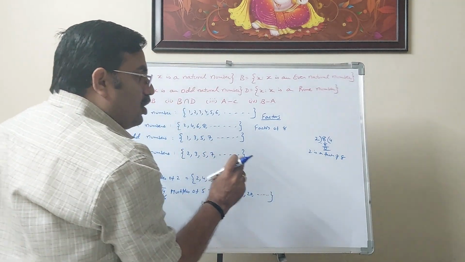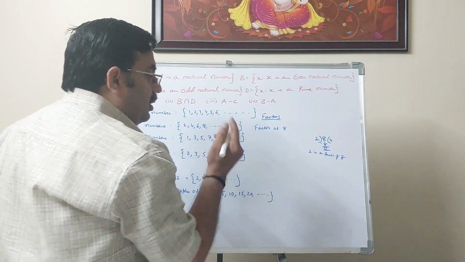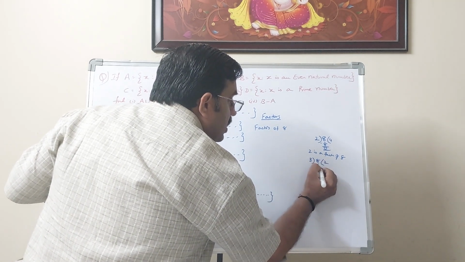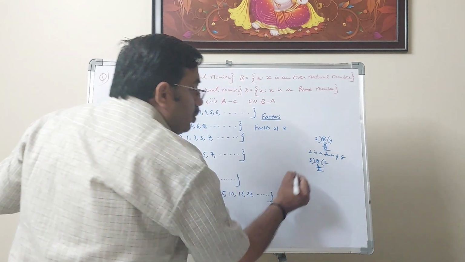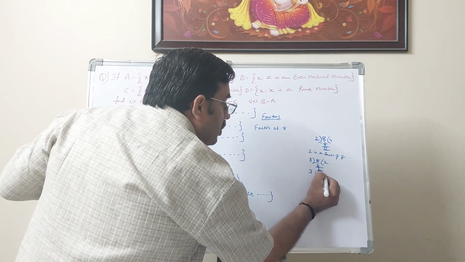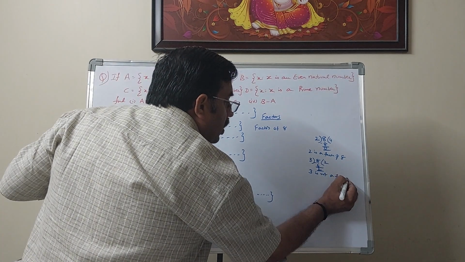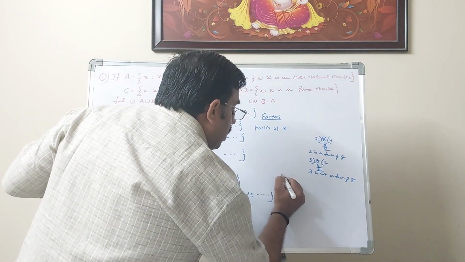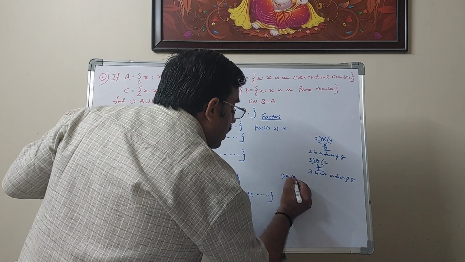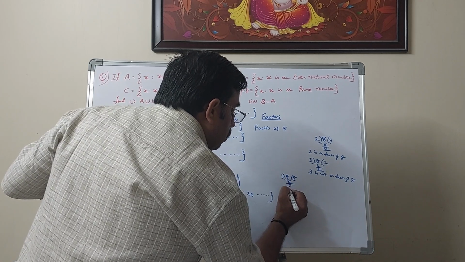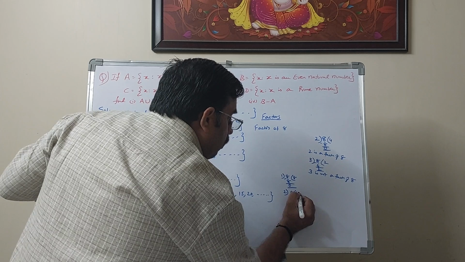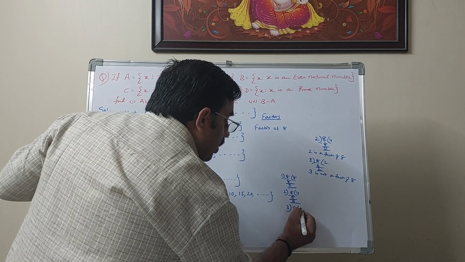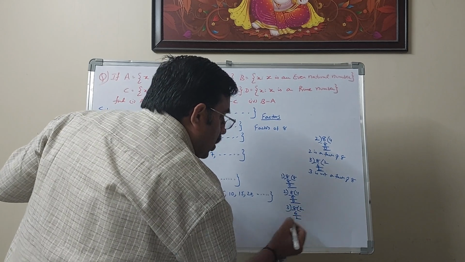When you get a remainder 0, you call it a factor. If you take 3 with 8, 3 2s are 6, so the remainder is 2. So 3 is not a factor of 8.